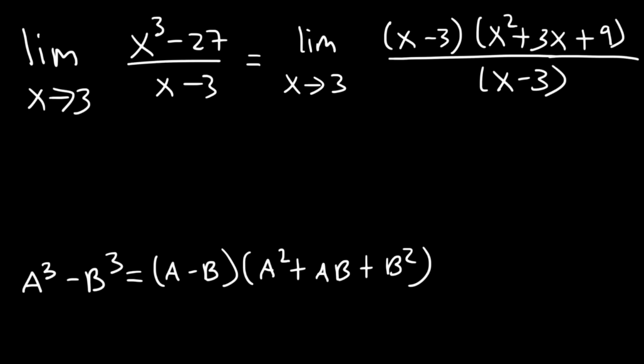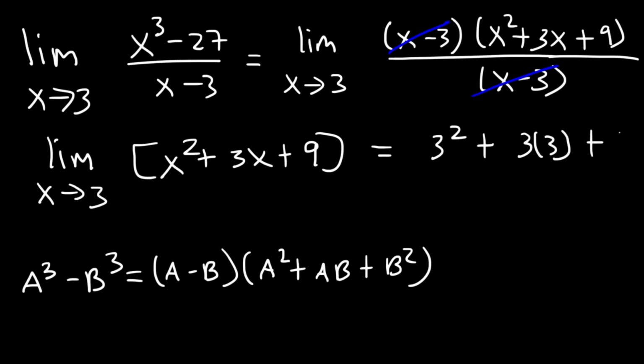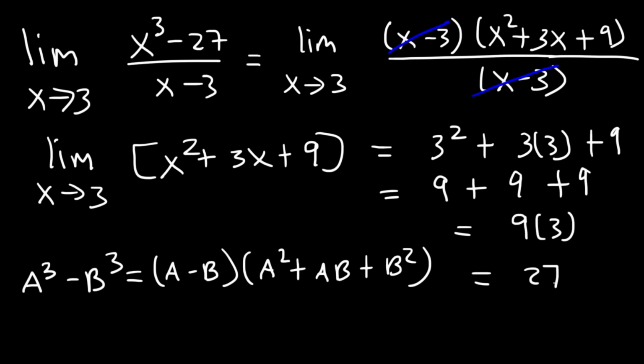Now we can cancel the factor x minus 3. What we have left over is the limit as x approaches 3 of x squared plus 3x plus 9. At this point, we can now use direct substitution. So it's 3 squared plus 3 times 3 plus 9, which is 9 plus 9 plus 9. Adding 9 three times is basically multiplying 9 by 3. And so this limit is equal to 27.